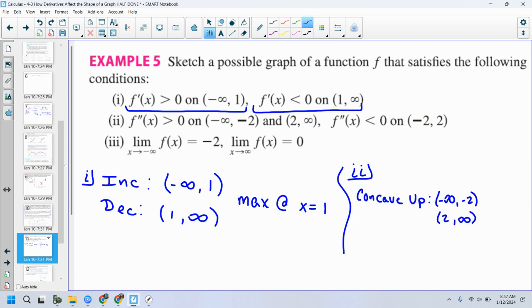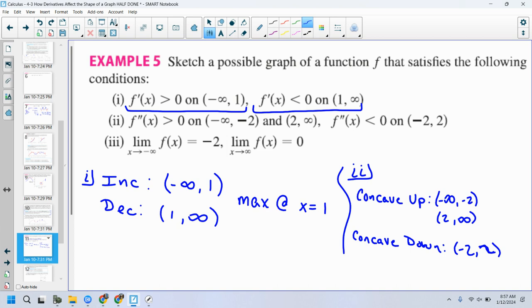I've got smiley faces there. I also know f double prime is less than 0, so it's concave down on the interval in between, from -2 to 2. Ooh, I almost wrote infinity. That's a 2 there.